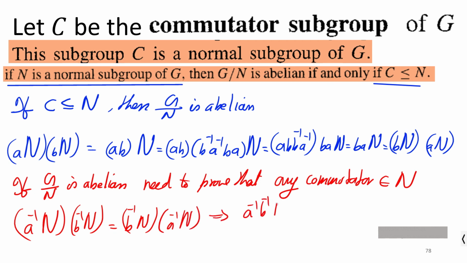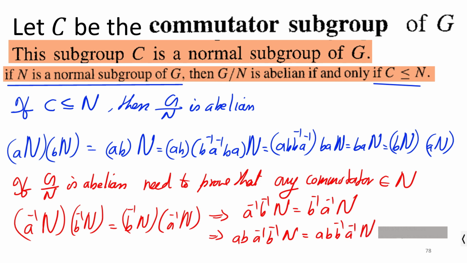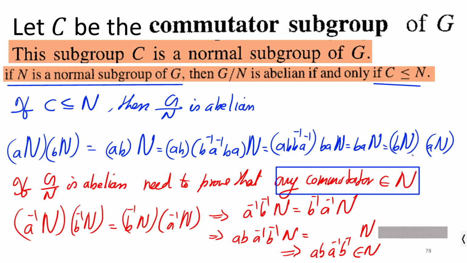Now this is the same as writing A inverse B inverse N is equal to B inverse A inverse N. If you multiply both of these sets with AB, you can have AB A inverse B inverse N is actually EN, that is N. Thus you proved that an arbitrary commutator AB A inverse B inverse is in capital N, and since the commutators form a subgroup, you have C is a subgroup of N.